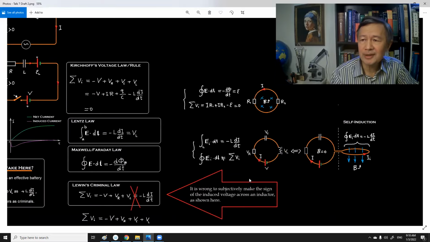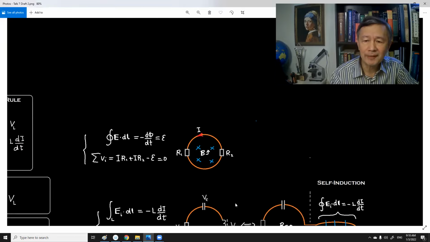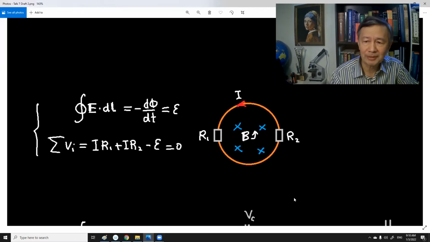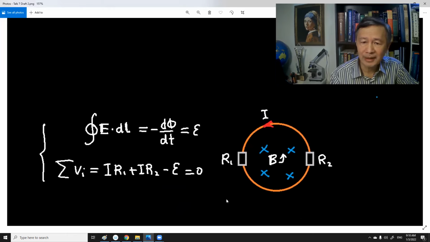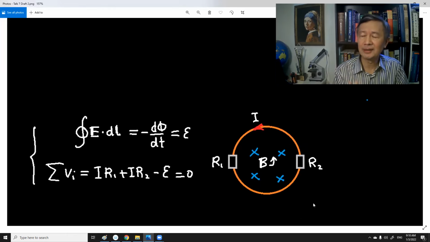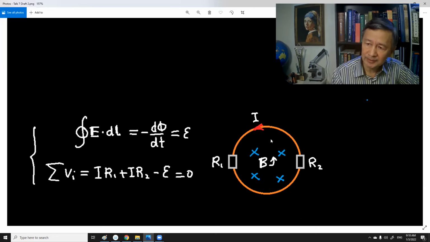Now, to illustrate these issues, we will just emphasize what we are talking about. Originally, we were discussing the loop, at the center of which there is a changing magnetic field. Therefore, apparently there is a current induced according to Faraday's induction law, or should I say Henry Faraday's induction law.